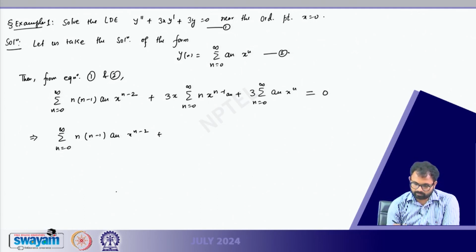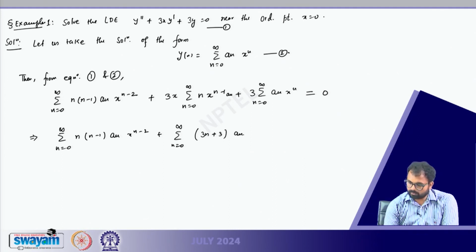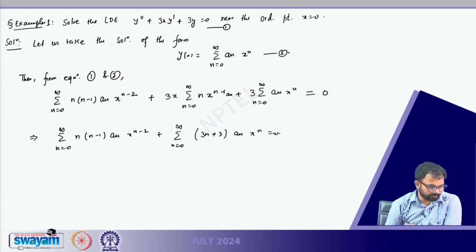And what do we get? Basically, we will get summation n running from 0 to infinity 3n plus 3 a n x to the power n, right.